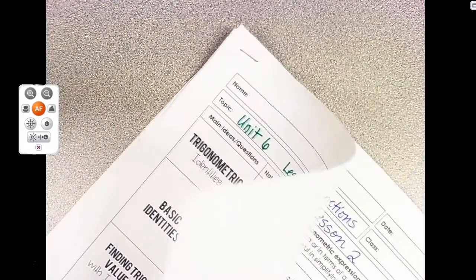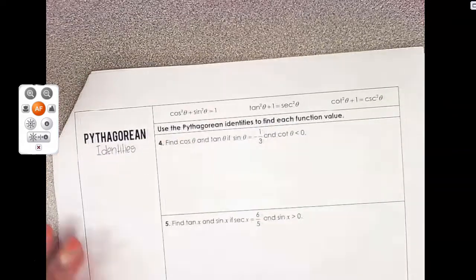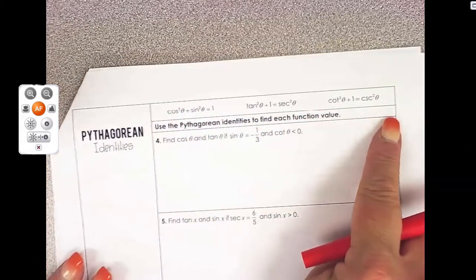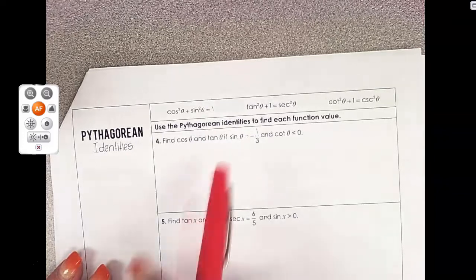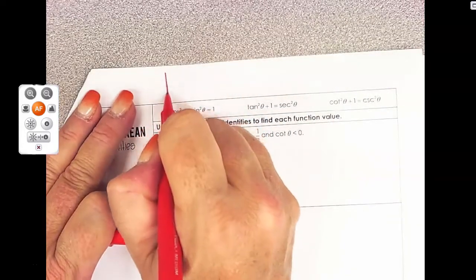Next example, I think we're going to start getting into our Pythagorean identities here. So before we get too far into this, I want to talk about where these come from. I want you to think about the unit circle in quadrant 1.